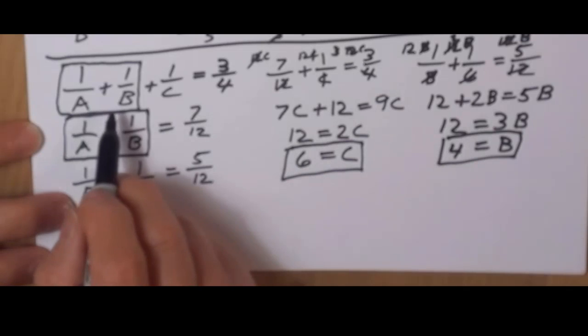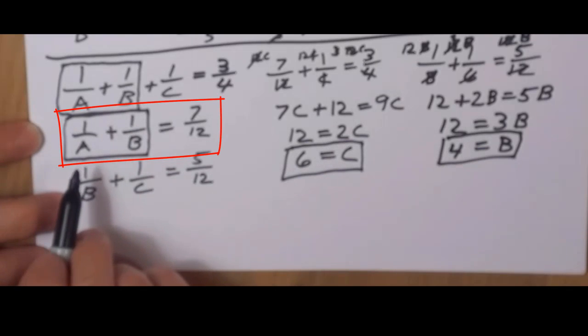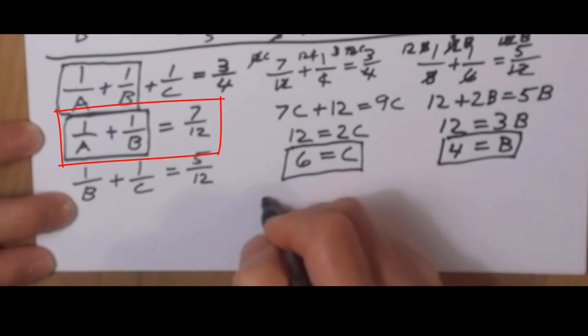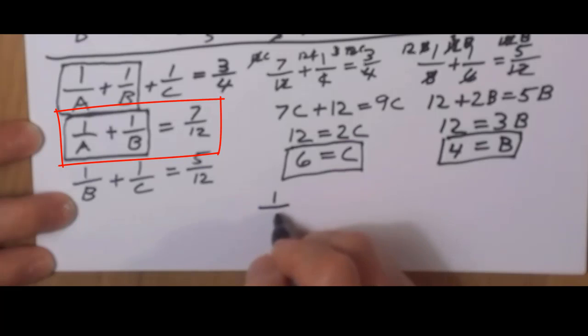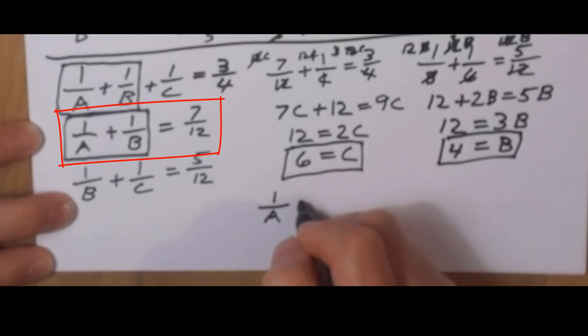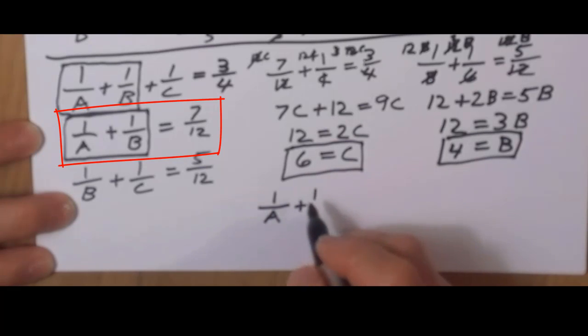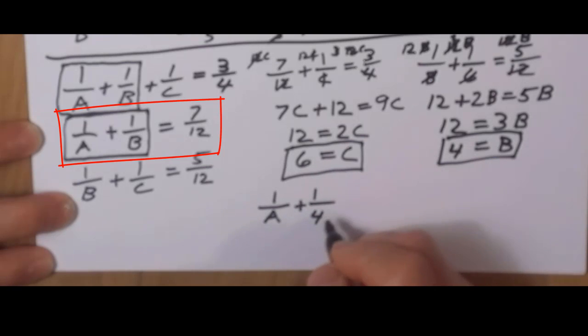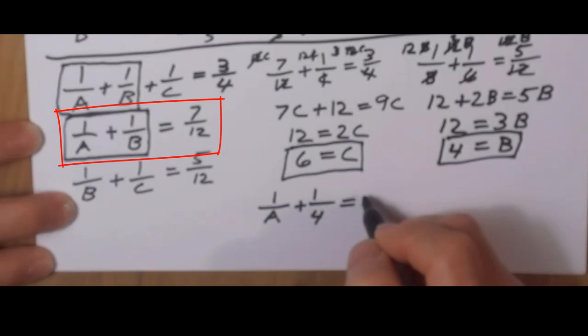Now we can plug this into here and find Amy. So let's do that. We'll do it right here. 1 over a plus 1 over b, which is 4, equals 7/12.